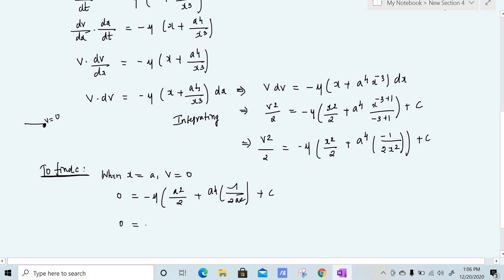So this is equal to −μ a²/2, and this will get cancelled. So here we will have minus a⁴.